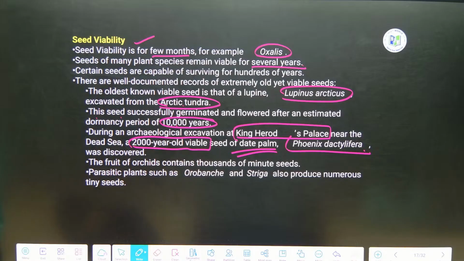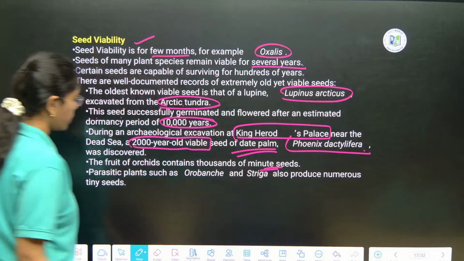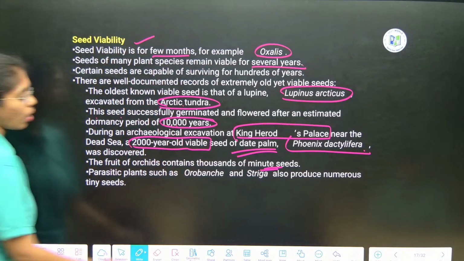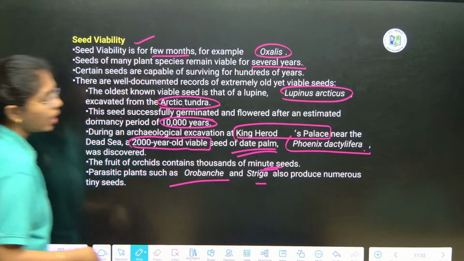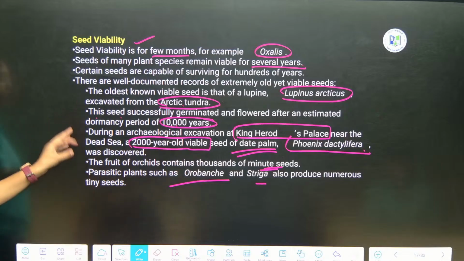The 10,000 years old viable seed is from Lupinus arcticus, from the Arctic tundra. Fine, right. The fruit of orchids will contain thousands of minute seeds. Parasitic plants like Orobanche and Striga will also produce numerous tiny seeds. Take down examples, years and regions.